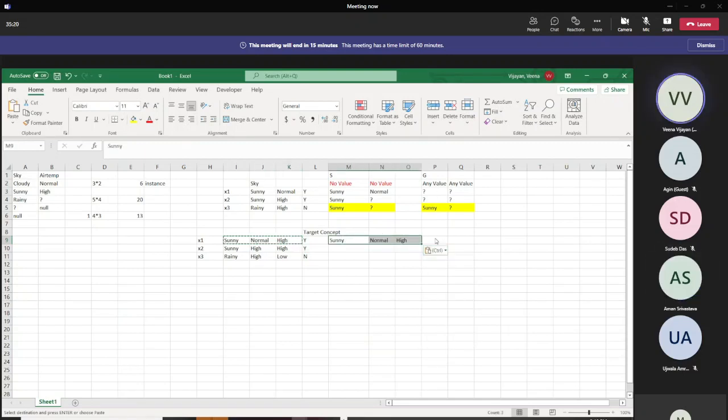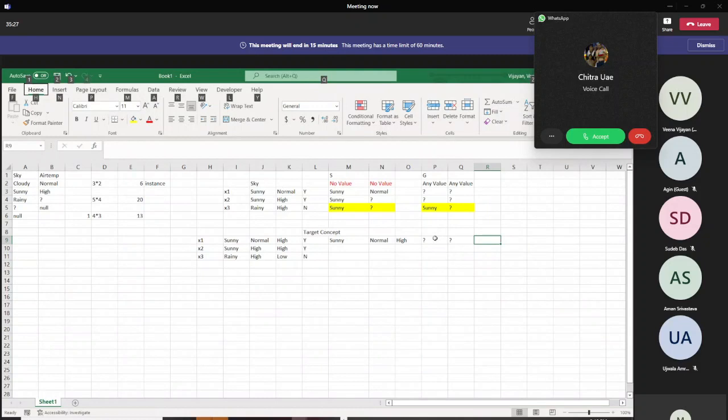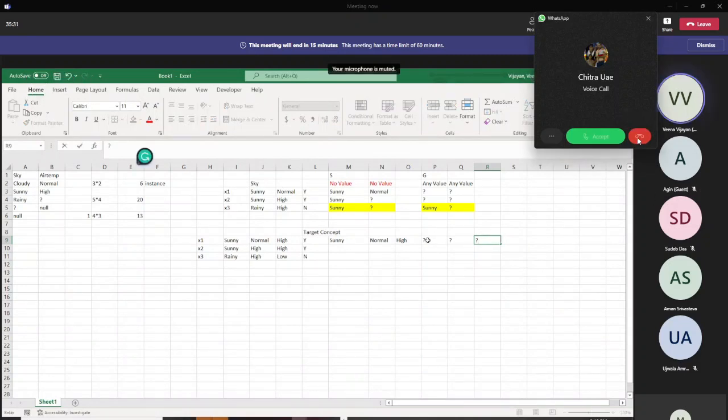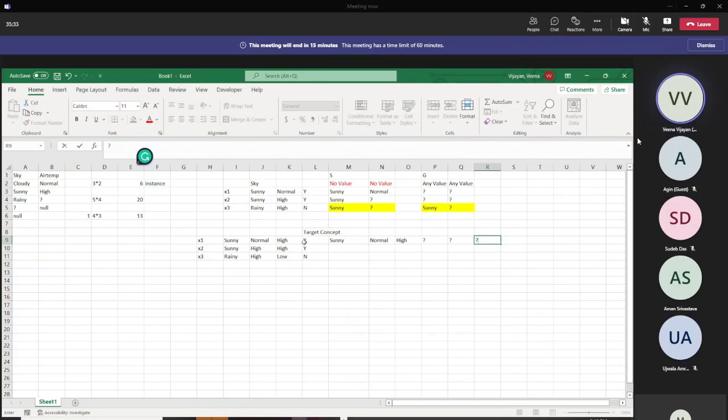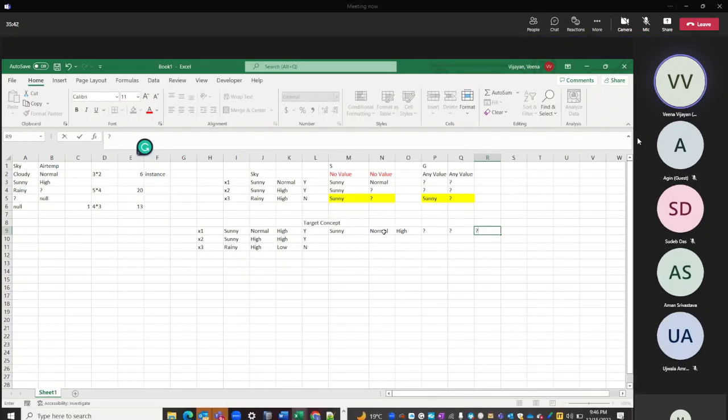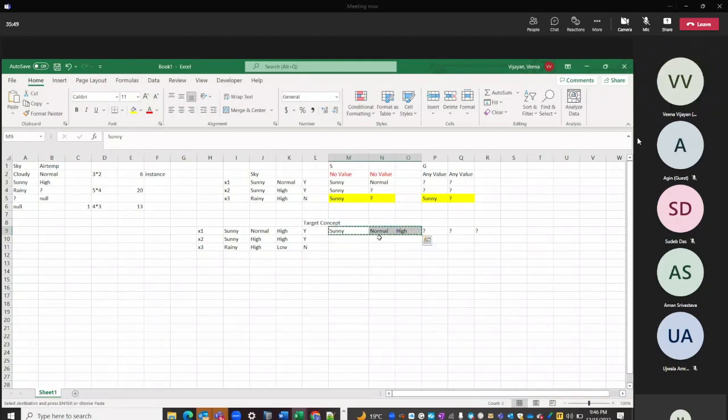And here the generic will be all question marks. Now for the second case, we are comparing sunny against sunny. That is matching, so it will continue. High we are comparing against normal. That will not match. High we are comparing against high. That will match. So sunny and high will continue, and normal we will replace with a question mark.